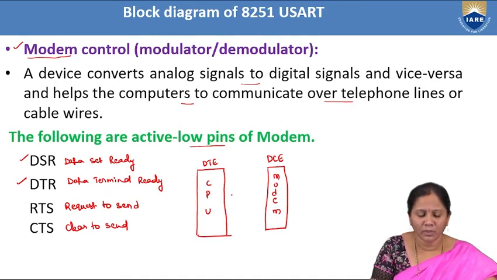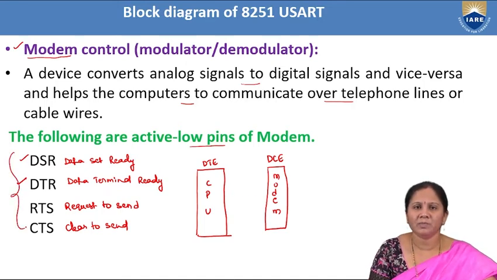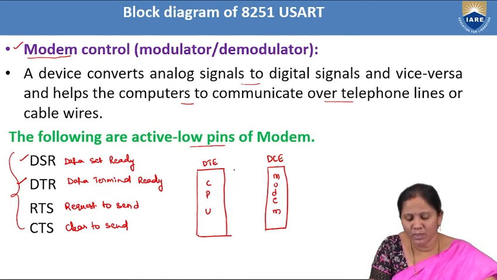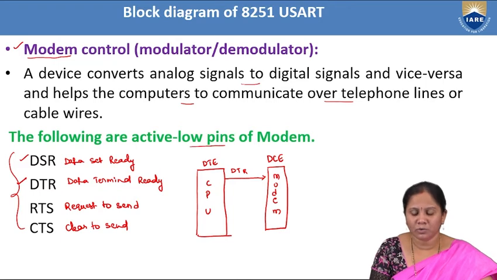Between these two, these four signals play the major role. First the CPU sends a signal called DTR. After receiving this DTR signal, the modem sends a signal called DSR, which represents data set ready.